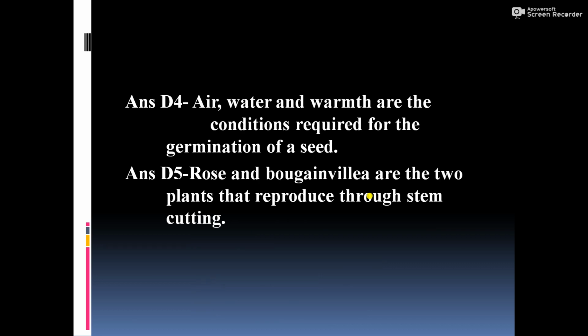Answer number 4. See here, air, water and warmth are the conditions required for the germination of seed. Understood? Very clear. Number 5 is rose and bougainvillea are the two plants that reproduce through stem cutting.